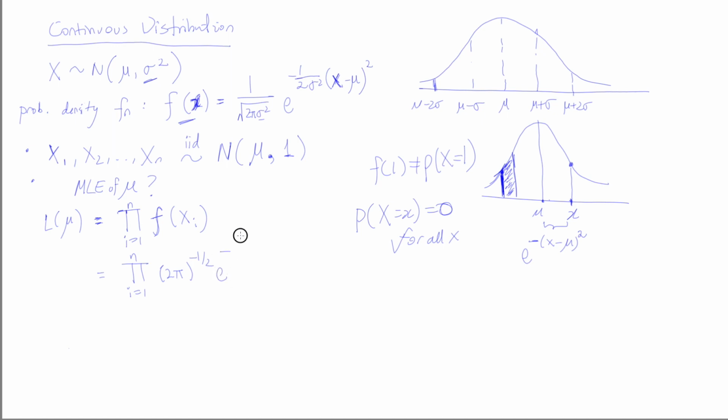E to the power of negative 1 over 2 times xi minus mu squared. And if we simplify a little bit, the 2 pi to the power of negative 1 over 2 becomes 2 pi to the power of negative n over 2. And the exponent becomes negative 1 over 2 times the sum of xi minus mu squared.